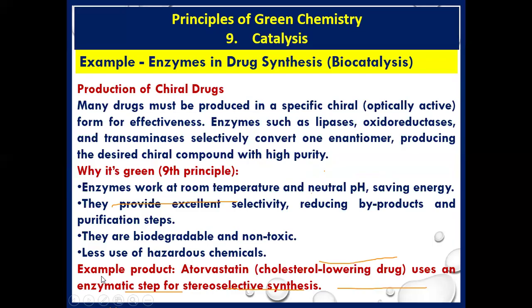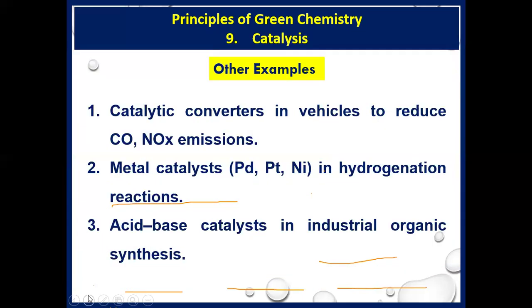The final product is atorvastatin, a cholesterol-lowering drug, which uses an enzymatic step for stereoselective synthesis. Other examples include catalytic converters in vehicles to reduce carbon monoxide and nitrogen oxide emissions, metal catalysts palladium, platinum, nickel in hydrogenation reactions, and acid-base catalysts in industrial organic synthesis.